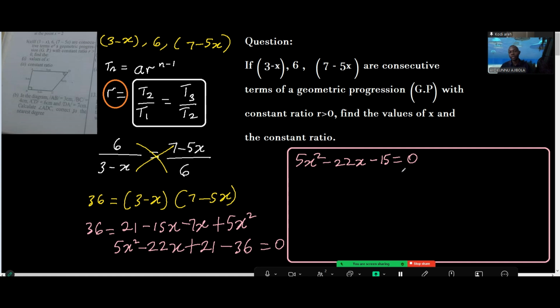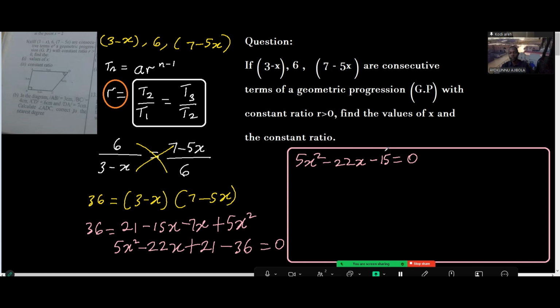What are two numbers you multiply together to give you minus 60, and add together to get minus 22? Wait, not minus 60. 5 times 15 is minus 75 rather.